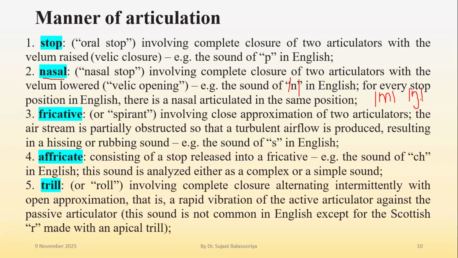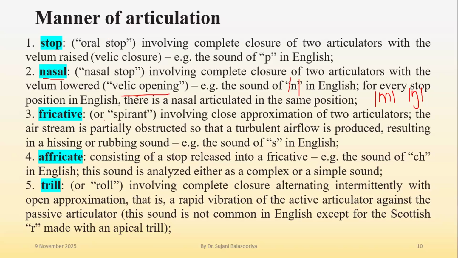Then only the two articulators are kept apart. So ng is also a stop consonant. In all these three situations, ng, m, and n, the airstream enters the nasal cavity. There is a velic opening. That's the difference between oral stop and nasal stop.